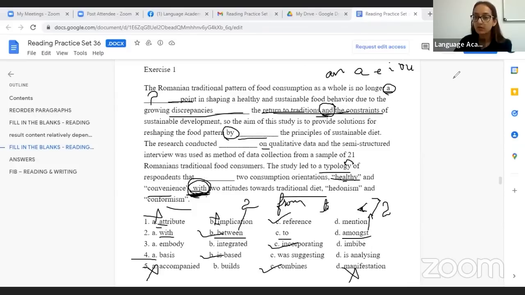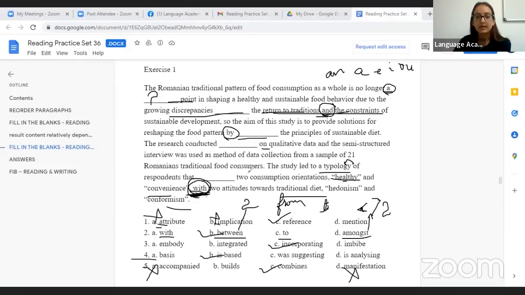Now you can put your questions in the chat box if you have any. Fourth blank.